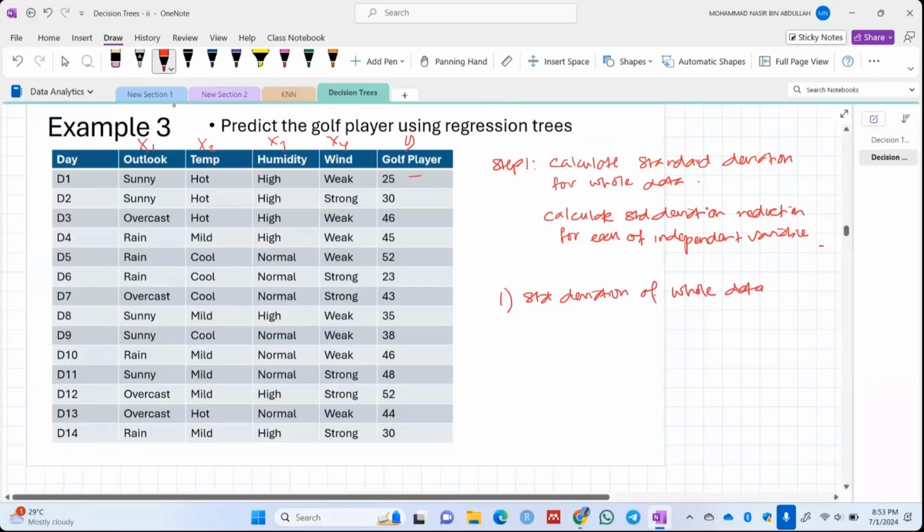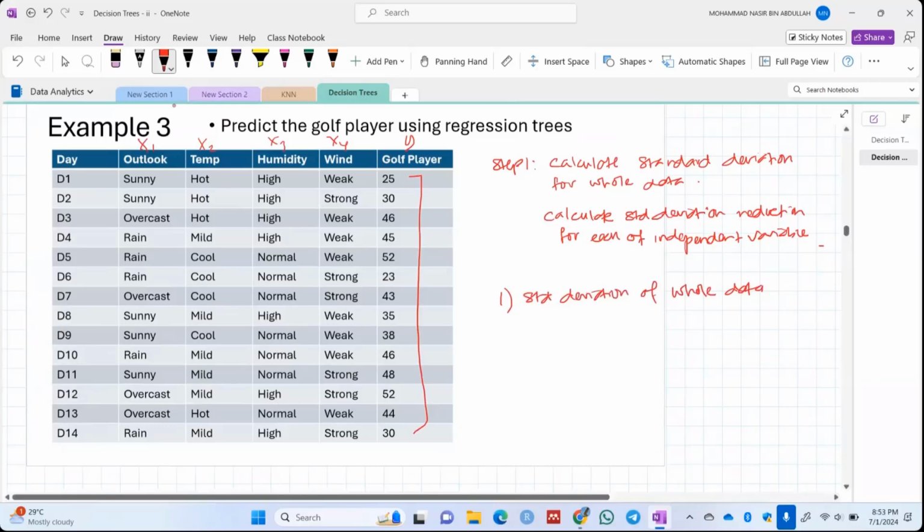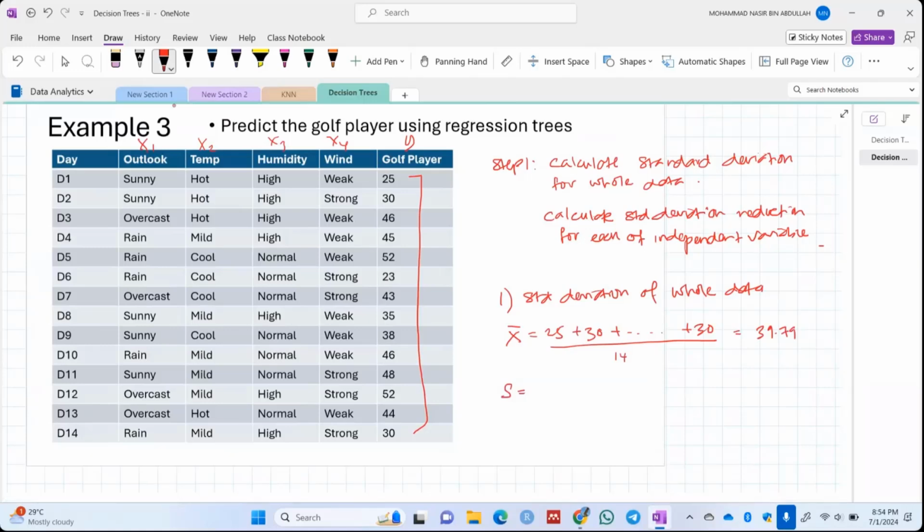We need to input this data into the calculator and calculate the standard deviation. Before that, let's calculate the mean: 25 plus 30 plus until 30, divided by how many observations? 14. So we will get 39.79. And then we calculate the standard deviation for the population.